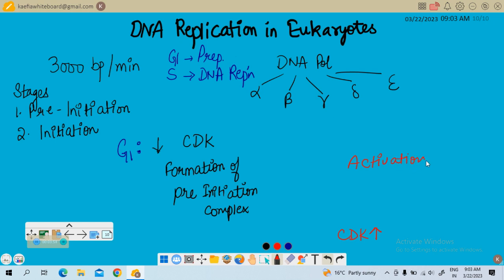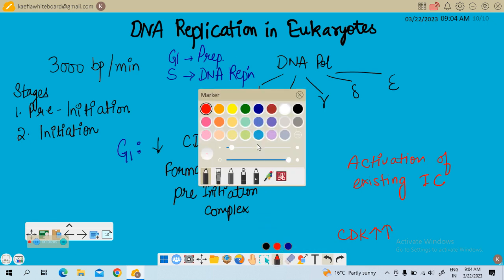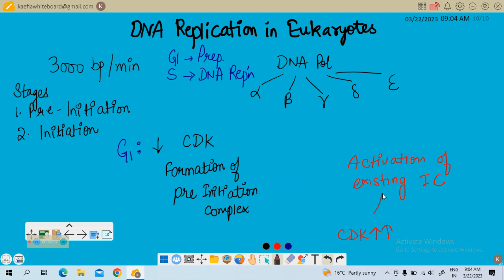On the other hand, we have activation of the existing initiation complex. Now when CDK concentration is high, what happens? It will activate the existing initiation complex. Existing means the initiation complex that was formed earlier, it will activate it. So when concentration is high, that means it will come in S phase.